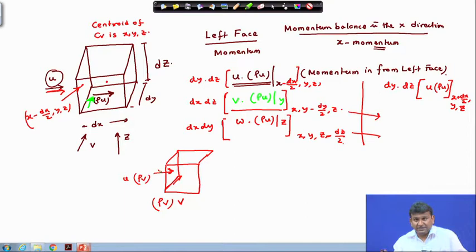It goes something like this. In fact, this is apparently a futile exercise, but if the students understand this concept, this will make the entire concept of momentum balance very, very clear to them.